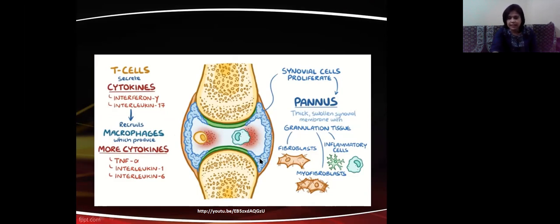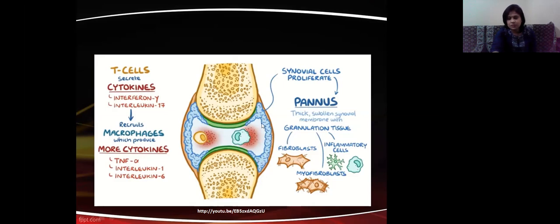Along with synovial cells and immune cells, they will create the pannus formation. What is pannus? It is a thick, swollen synovial membrane with granulation or scar tissue.